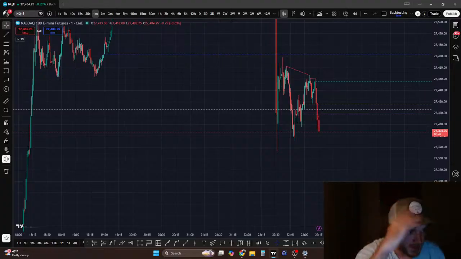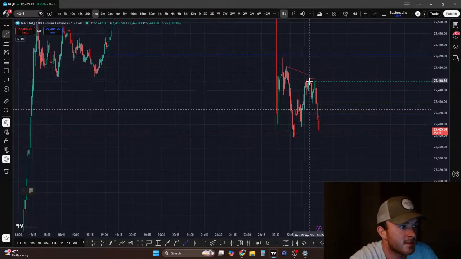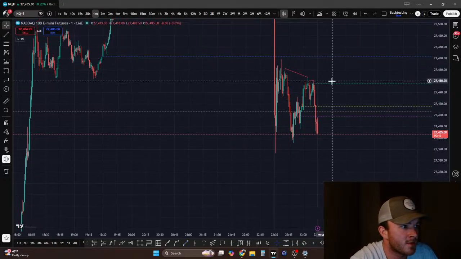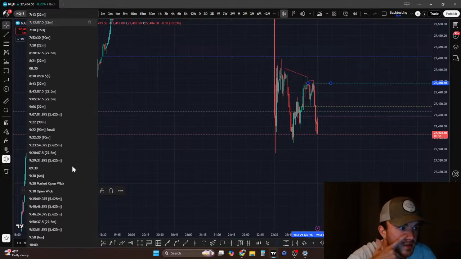We ended up getting Phoenix model here. If you can't tell, there it is. Forms right above the true open, into high resistant liquidity, then we go lower.